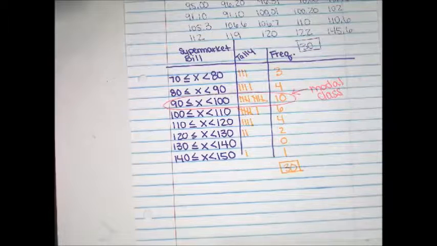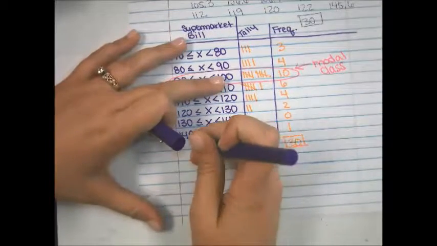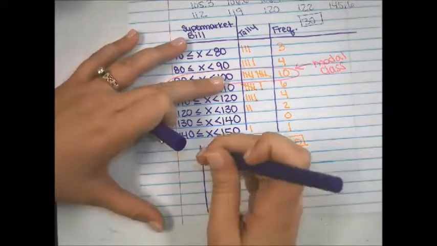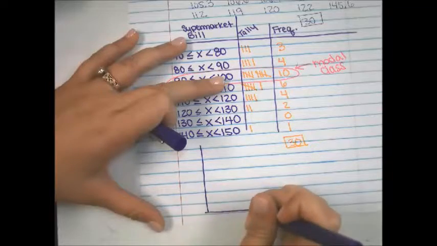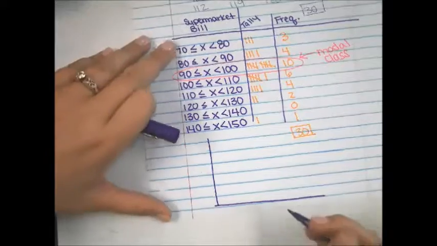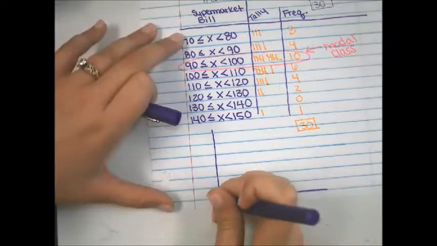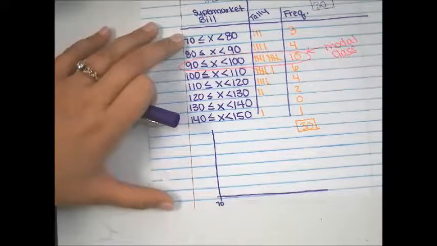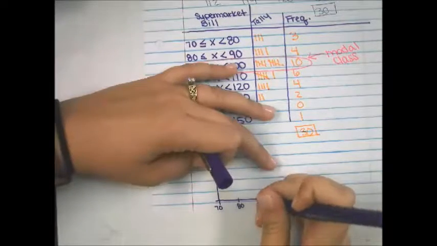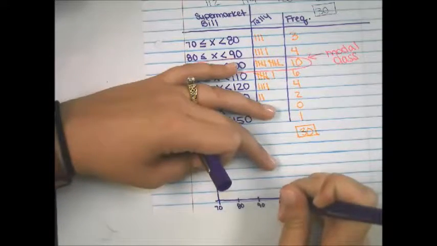So our data has been grouped. See if I can squeeze this in here. I think I can. I only have to get to 10. So we started at 70. So instead of labeling each class, I'm going to go 70 to 80, and I'm going to count by tens.